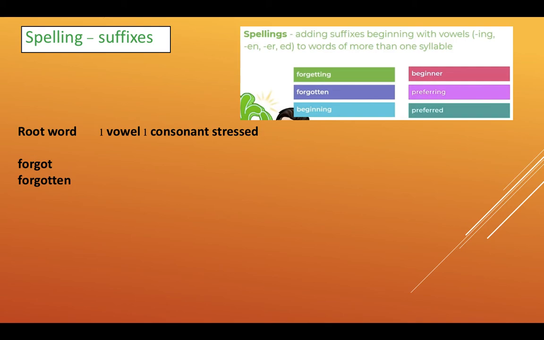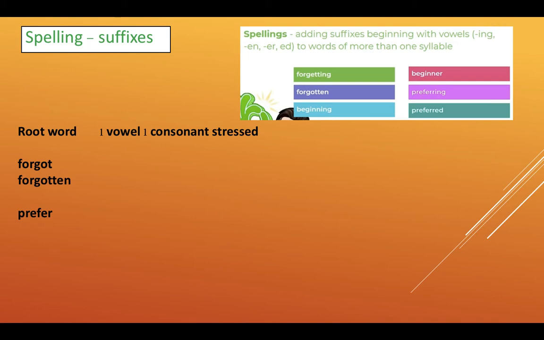When we add 'en', double the T, add 'en'. We have a new word today from the list, prefer. So prefer has 2 syllables, so we have to think about the rule. It has 1 vowel, which is the letter E at the end, 1 consonant, ends with the letter R, and it's stressed. How's it stressed?